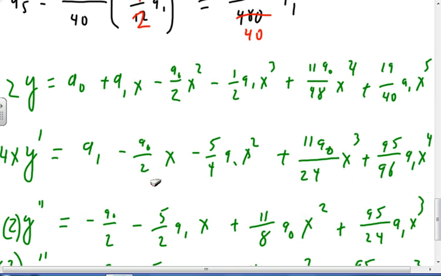Okay, I take the first derivative. This is just A0. This is 15, no, it's 3 over 2 A1. This is 11 over 12. And this is 19 over 8.